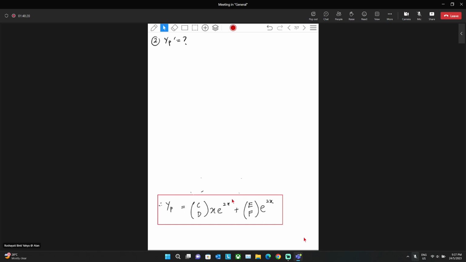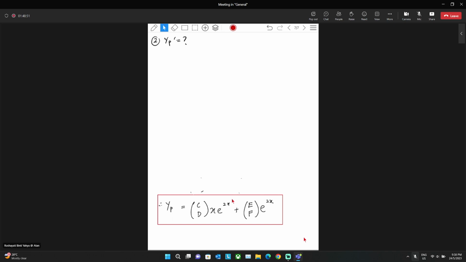Saya rasa product rule, sebab diminta differentiation kan. Tapi kenapa kita tak boleh guna integration by part? Saya rasa boleh kot dua-dua, tapi saya rasa lagi sesuai product rule.